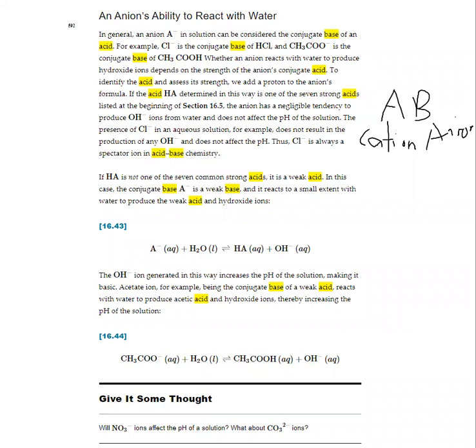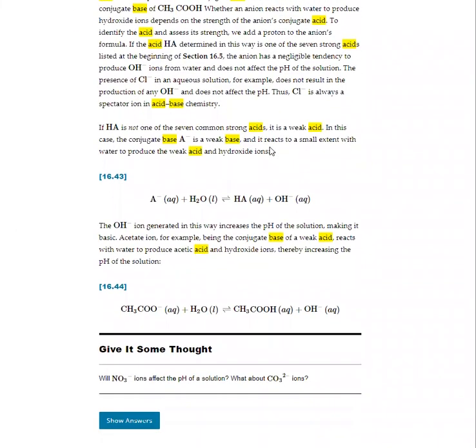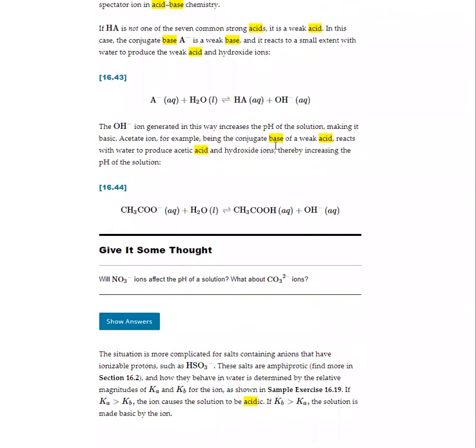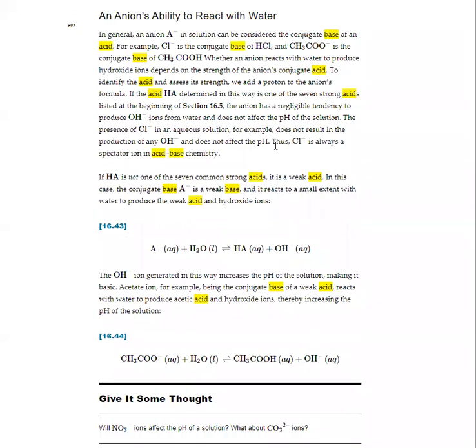HA is, sorry, let me erase this. HA is not one of the 7 strong acids, it's a weak acid. So this is just talking about how strong the conjugate base is.